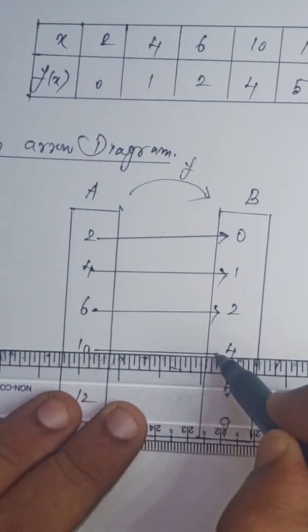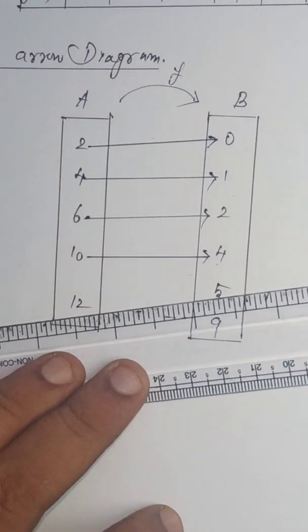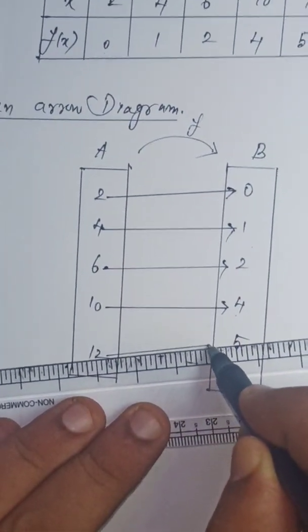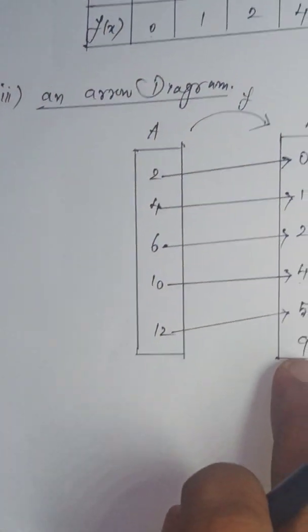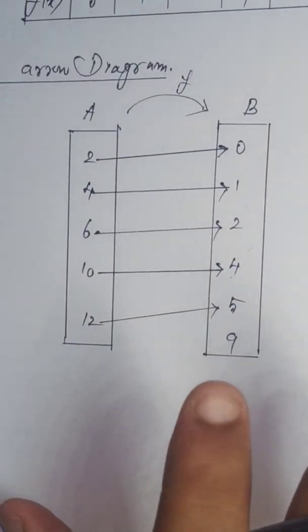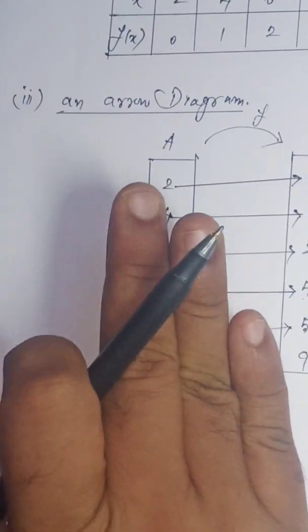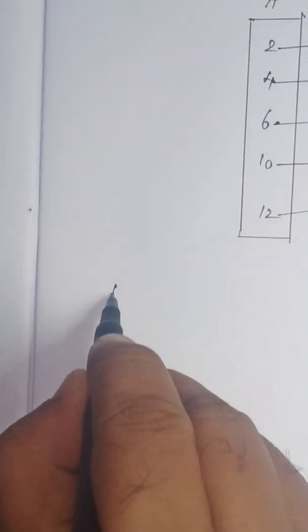Image of 10 is 4. Finally, image of 12 is 5. So an extra element is there in the codomain. It doesn't matter. The question is an arrow diagram, we have to map from domain to codomain. That's all. Now, fourth subdivision, graph.